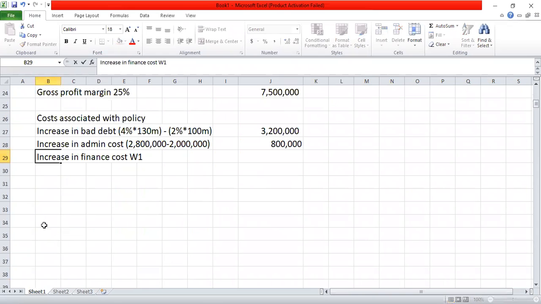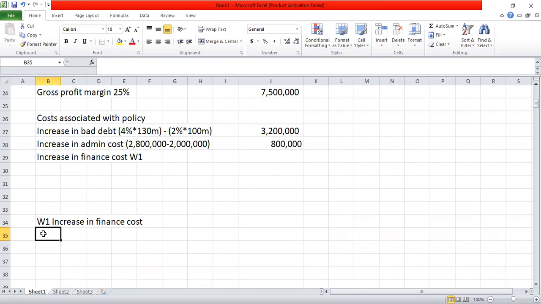So in my working number one, I'm going to have the increase in finance cost, and to get the increase in finance cost, I need to look at the increase in the receivables. The increase in the receivables will give me the increase in finance cost.